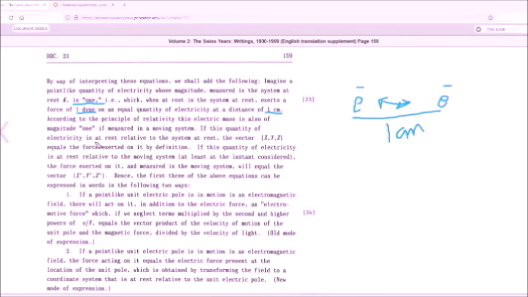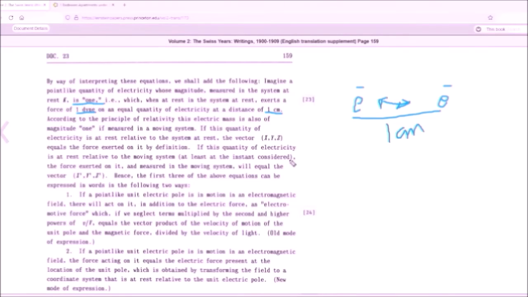If this quantity of electricity is at rest relative to the system at rest, the capital K, the vector electric X, Y, Z equals the force exerted on it by definition. That is, if this quantity of electricity is at rest relative to the moving system, the small k, at least at the instant considered.